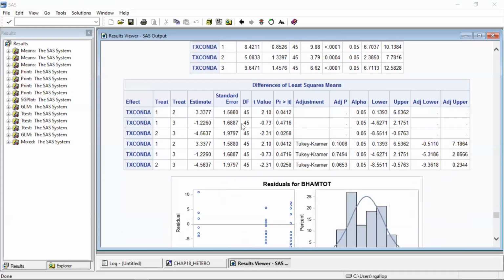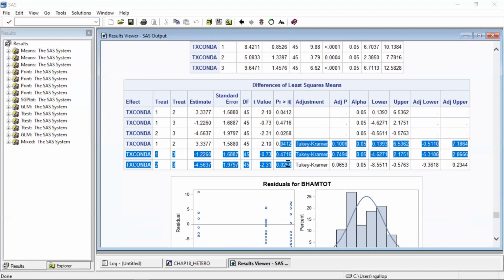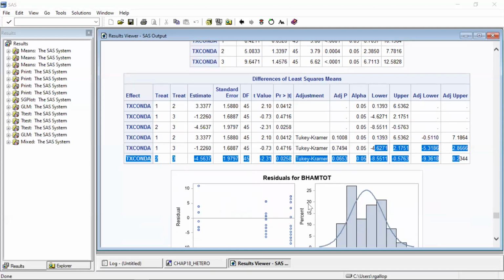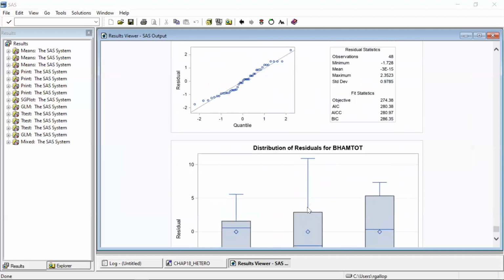LS means, this is showing you the unadjusted p-values versus the adjusted p-values. Now, it's pretty cool, I think, because in Proc Mixed, it gives you the unadjusted confidence interval followed by the adjusted confidence interval, which is pretty cool to see how the adjustment impacts it with the Tukey-Kramer, since we have unequal cell size.